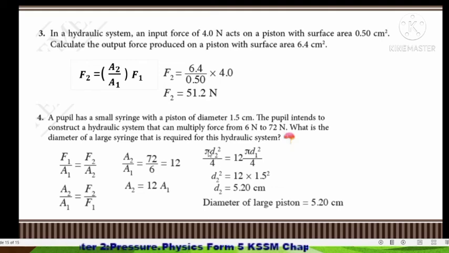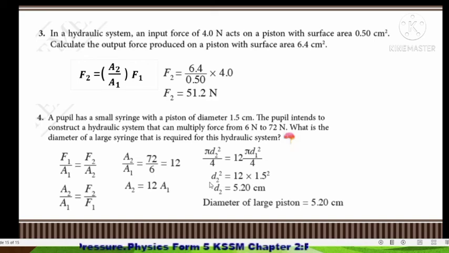So pi (D divided by 2) squared produces pi D squared divided by 4. So this is for the second piston. We want to find the diameter of the large syringe. So pi D2 squared divided by 4 equals 12 pi D1 squared divided by 4. This is for the smaller syringe or smaller piston.